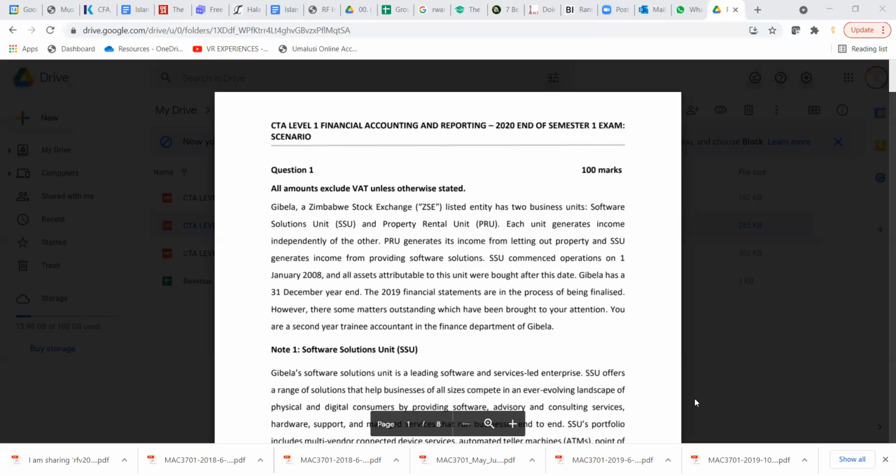The question only said discuss the accounting treatment. It did not say discuss the accounting treatment in terms of IFRS 9. So what's the difference? Because it did not tell you which accounting standard, it means you need to identify it. If they told you the accounting standard, then there's no need for you to identify the standard.